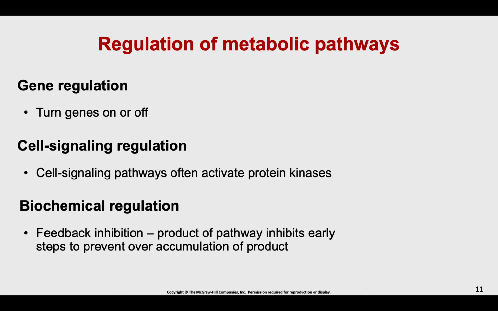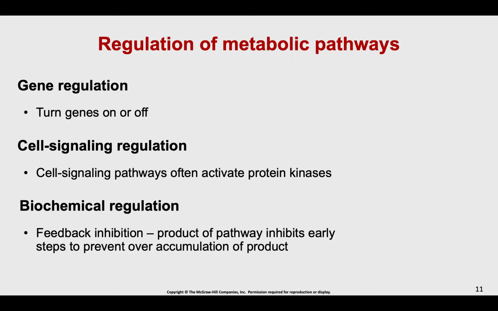If we're activating metabolism through this pathway, we're basically saying, give me more energy, I need more energy. And that helps with the fight or flight response that we often hear of. So that's a good example of cell signaling regulation.